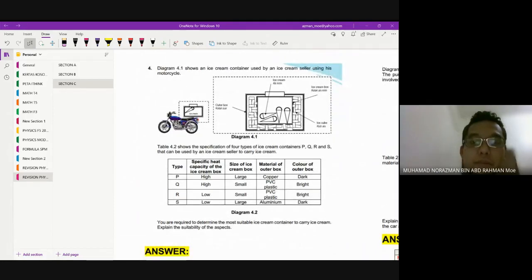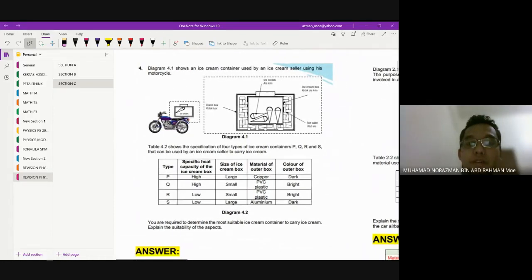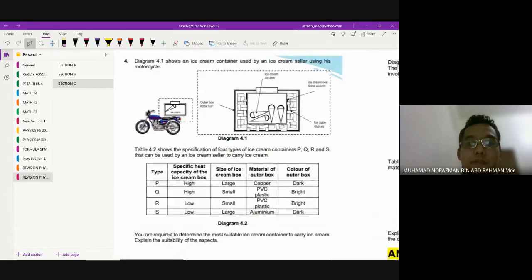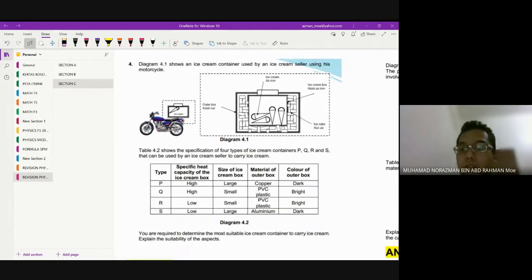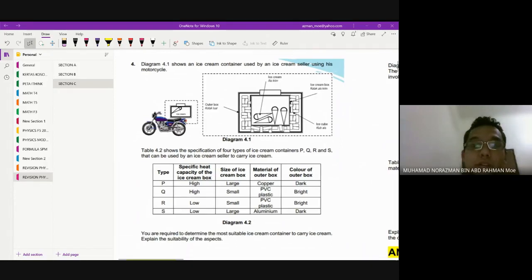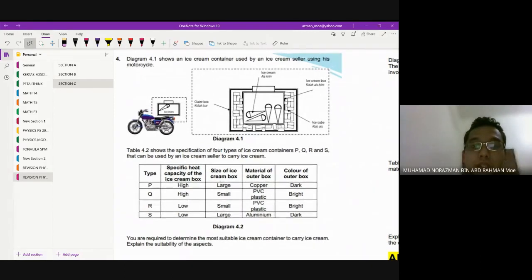Choosing the best specification for section C. Let's take a look at an example. This is regarding chapter 4, heat.